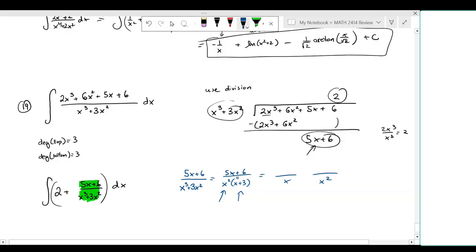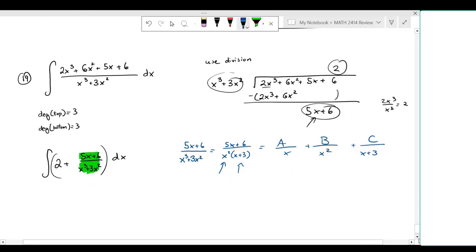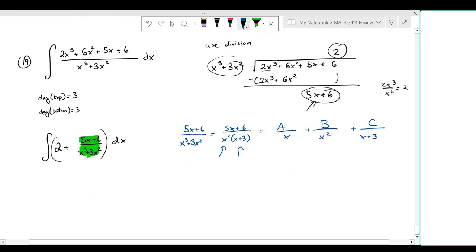The other one has a multiplicity of 1. So now multiply both sides by the common denominator.